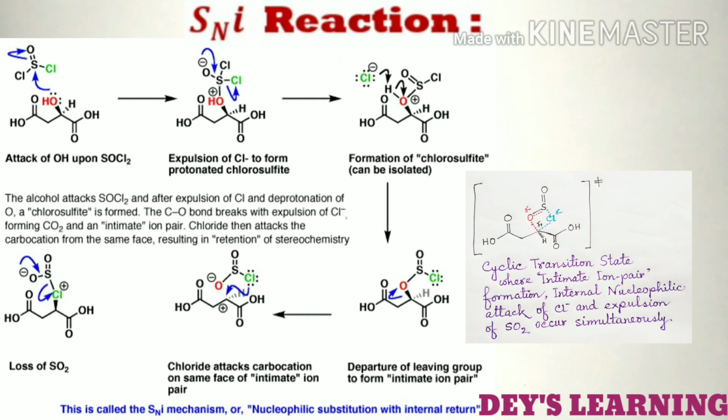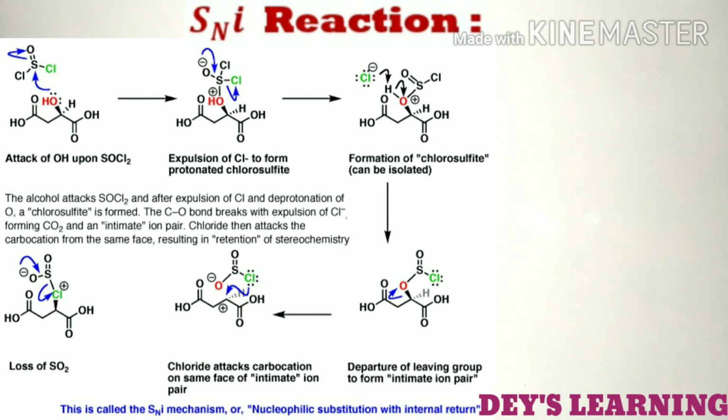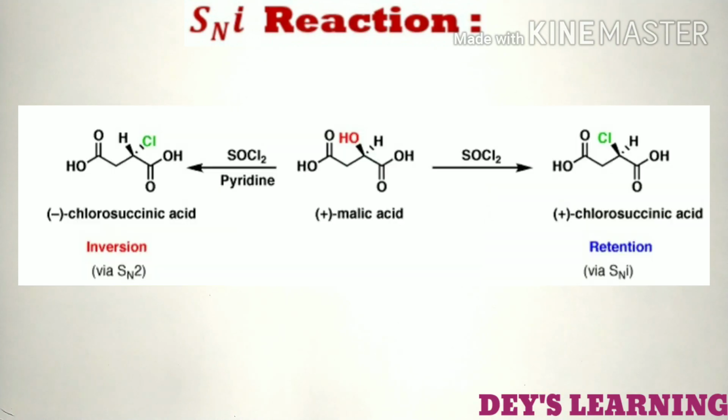Now the interesting part of this reaction is if we add some strong base like pyridine in the reaction mixture, the story is changed. If we add some pyridine in the reaction mixture, we get the inverted product, this one. So this is actually the result of an SN2 reaction.